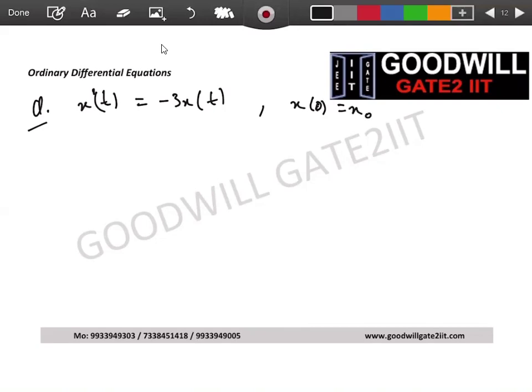So this is given to you. Your differential equation is x dash t is equal to minus 3x of t.